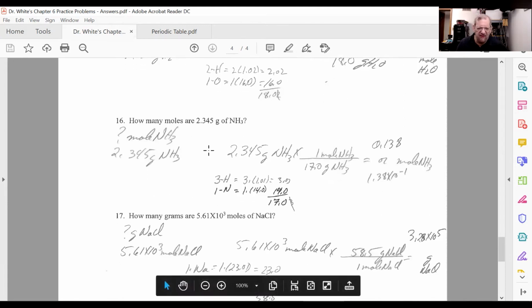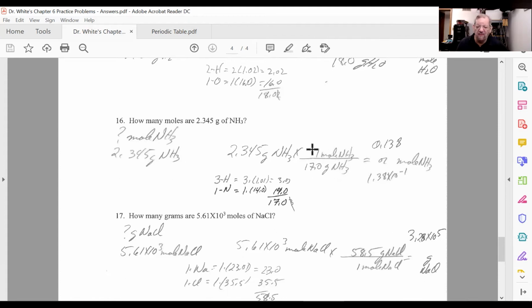So if we come down here, where do we get these numbers? 1 mole equals the molecular weight. The molecular weight, and I got it right down here, is 3 hydrogens, 1 nitrogen, the sum of all atomic weights. Each hydrogen to 3 significant figures is 1.01. The 1 nitrogen is 14.0. Do the math, add it up, you get 17.03.